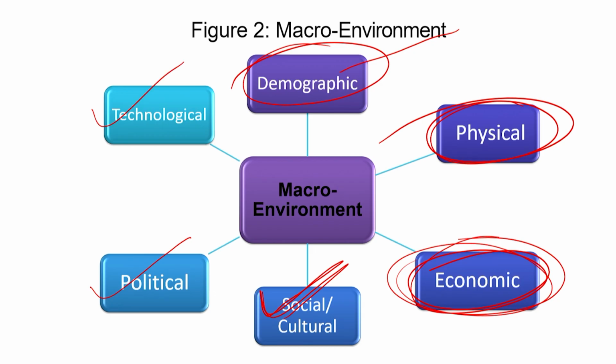So what are sociocultural factors? We live in a society, and if we live in a society, we have to follow some norms, rules and regulations. There are different types of people. In a country like India, we have Hindus, Muslims, Sikhs, Christians and Jains; various religions are practiced.